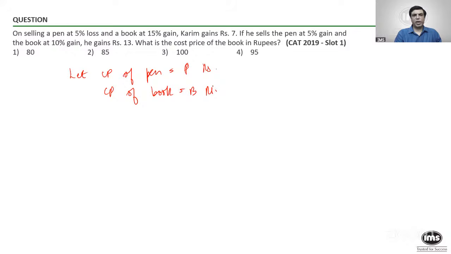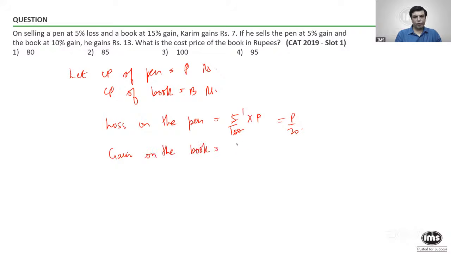So in the first case, he's making 5% loss on the pen and 15% gain on the book. So the loss on the pen is going to be 5% of P rupees, that is nothing but P by 20. Gain on the book is going to be 15% of B rupees, so that is 3B by 20.